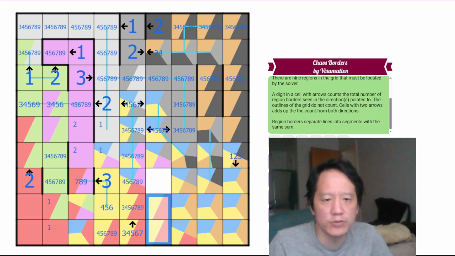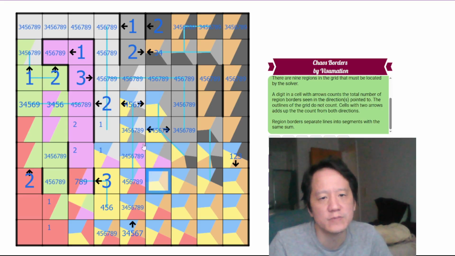Orange technically probably could go up to here, or here, or blue, I guess. It's kind of broad. This could be orange. This cannot be dark. Red cannot be here. Pink cannot be here. Light cannot be here.